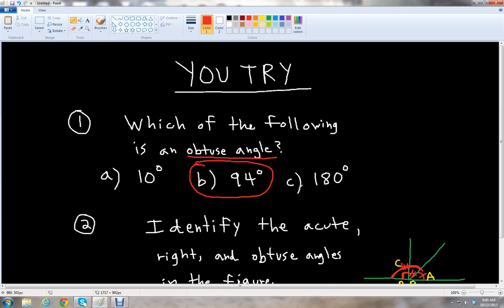Now the answer choice C, 180 degrees, is not obtuse because remember it has to be between 90 and 180, but it can't be equal to 90 because that's a right angle, and then 180 degrees is what we called a straight angle.